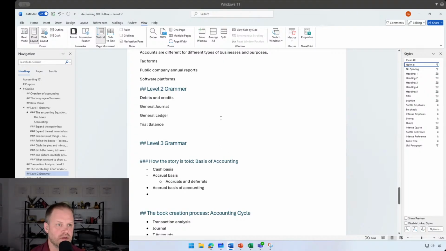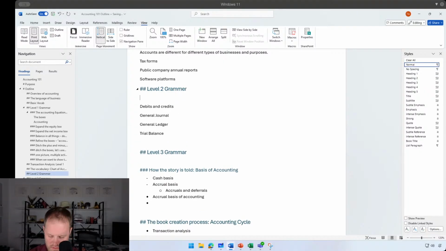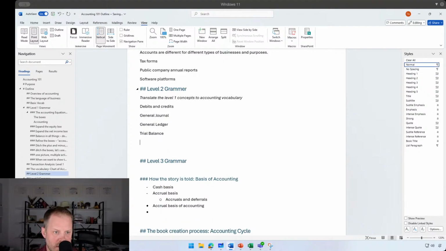So we're going to translate the level 1 concepts to the accounting vocabulary.